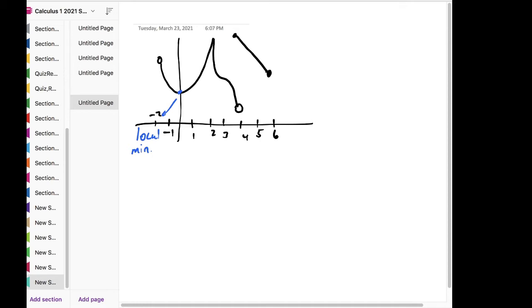Yes, also 2. Even though this was considered to be an absolute maximum, it still obeys the definition of a local maximum. If you draw a little circle around it, sometimes math people call that neighborhoods, because it's a little neighborhood of the function. It's maximal there.